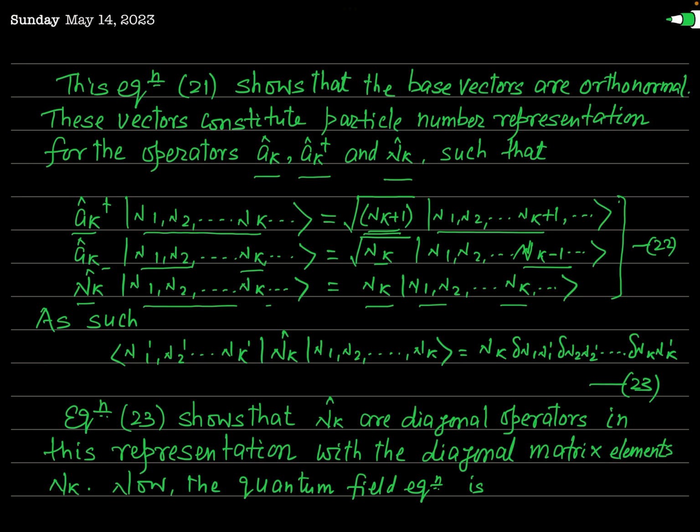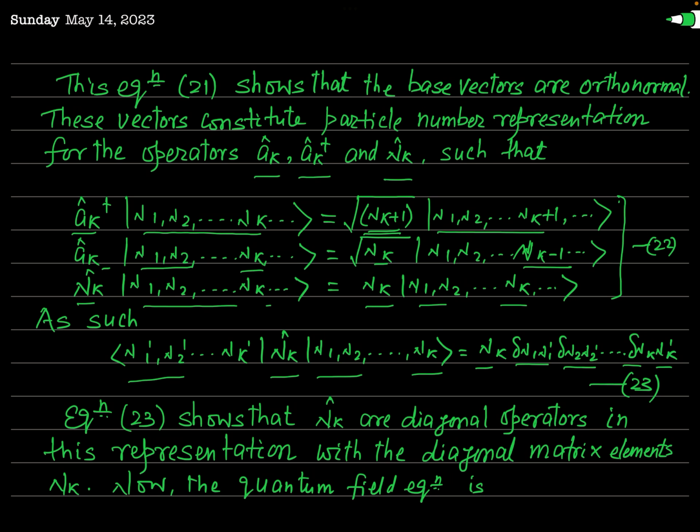Okay, and these results hold in such a manner that you can write that bra n1 dashed, n2 dashed, nk dashed, nk and ket n1, n2 so on nk is equal to nk delta n1 n1 dashed delta n2 n2 dashed delta nk nk dashed.